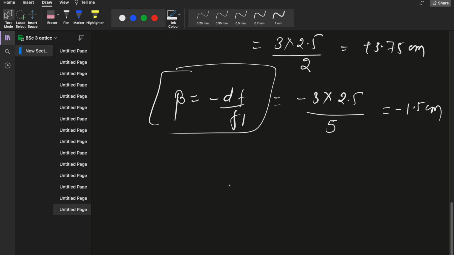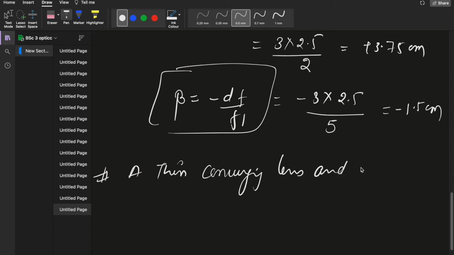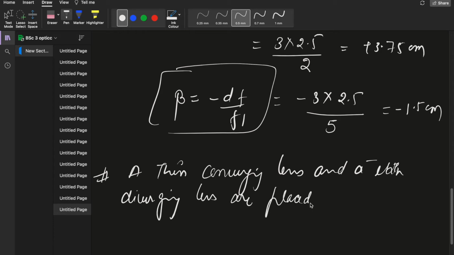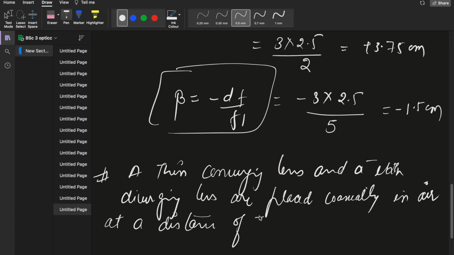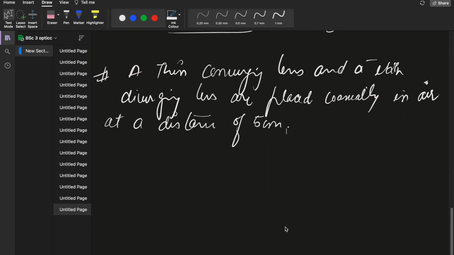All right, let's take another question. A thin converging lens and a thin diverging lens are placed coaxially in air at a distance of 5 centimeter.